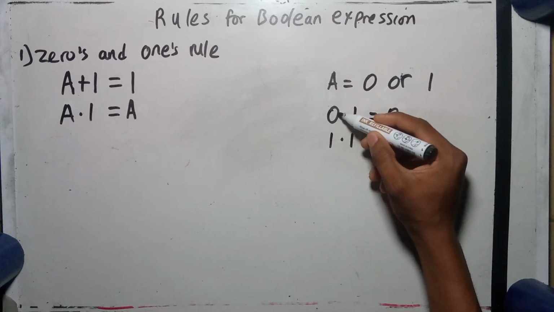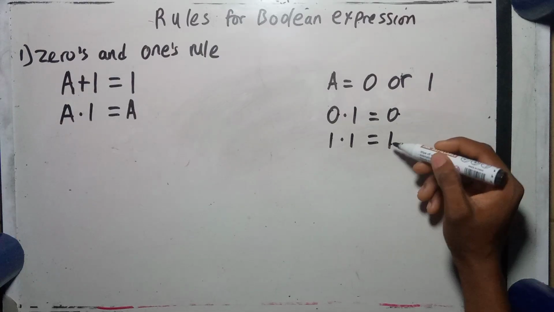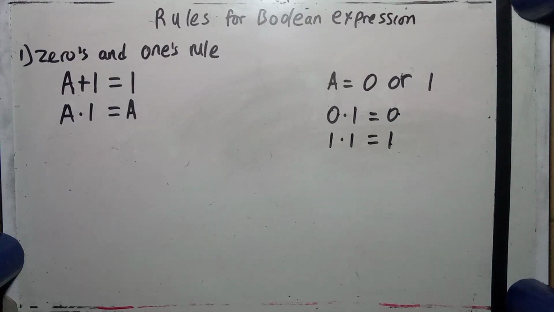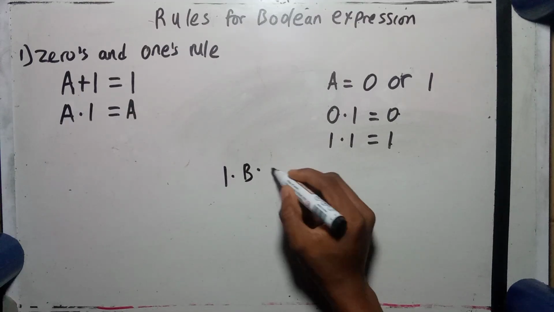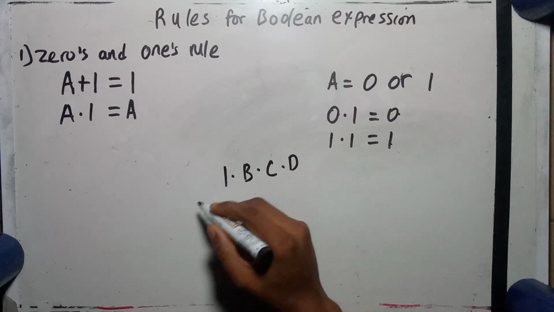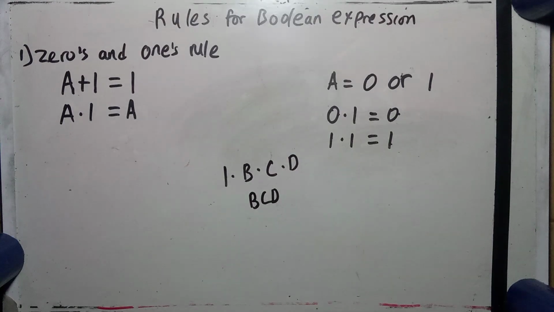And if you see, this is 0, this is 1, and this is the value of A. So, when 1 is multiplying any alphabet, it will definitely give you that alphabet. So it can be 1 times B times C times D. All of these things will still give you what? B, C, D.